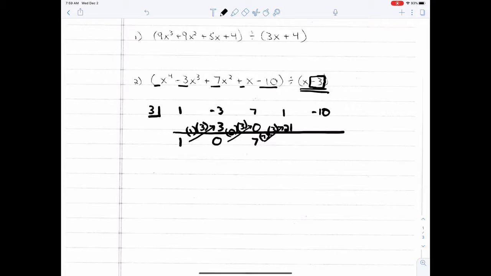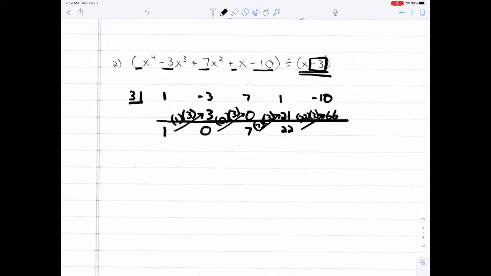Then you add the 1 and the 21. Then you take that number and multiply it by the number in the box. And again, why this works, I'm not going to go into all the theory. And then you add those two and you get 56. That's how you get those numbers.